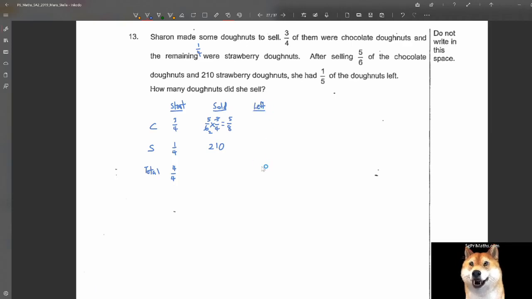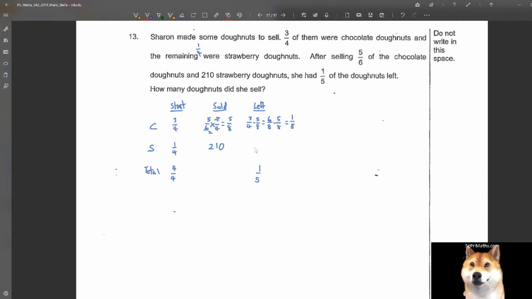Then left, we know it's left with 1/5. So for chocolate donuts, we know that at the start they are 3/4, and 5/8 were sold. So left is 3/4 minus 5/8. Change both to the same denominator. You will get 1/8 left.